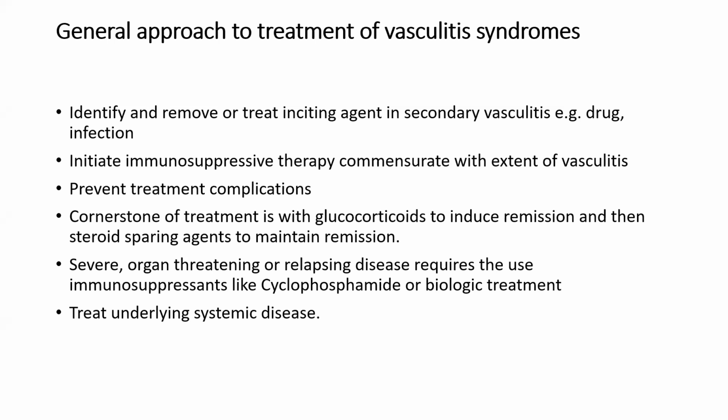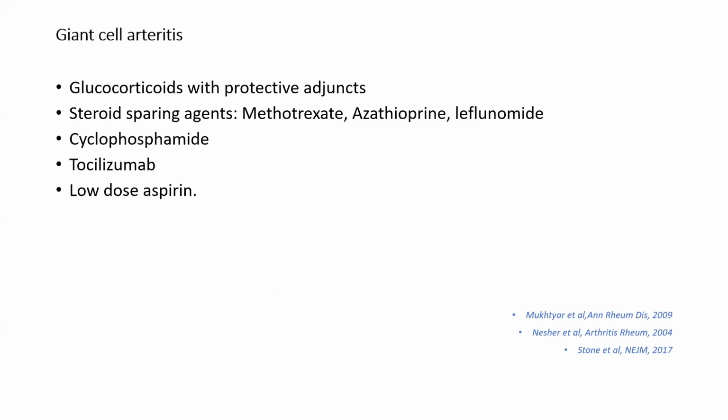The cornerstone of treatment is with steroids to induce remission and then to maintain patients on steroid-sparing agents. But when we've got severe relapsing disease, refractory disease, or organ-threatening disease, we hit harder with drugs like cyclophosphamide or biologics. And we always have to remember to treat the underlying disease.